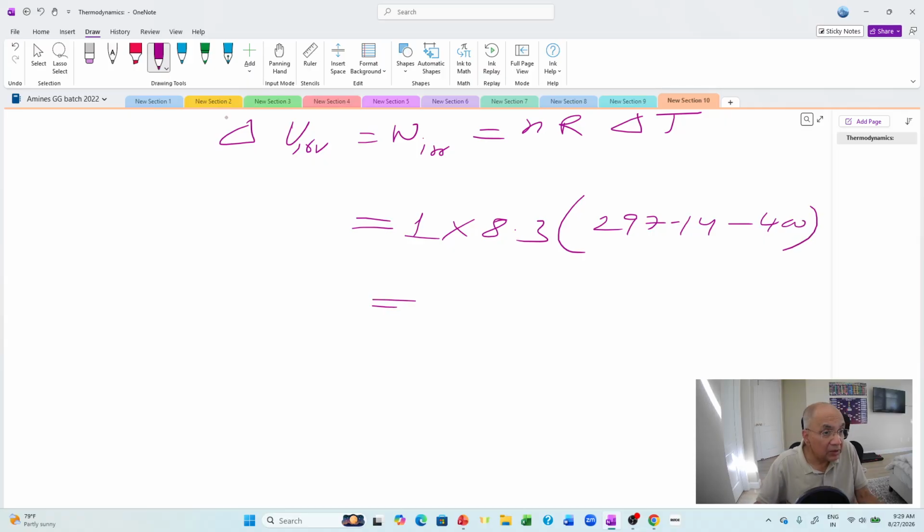This will come much smaller. Because 400 minus 297.14 into 8.3, it will be only 3000 something.